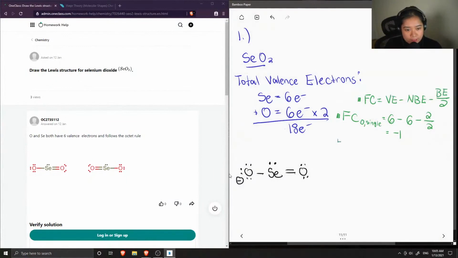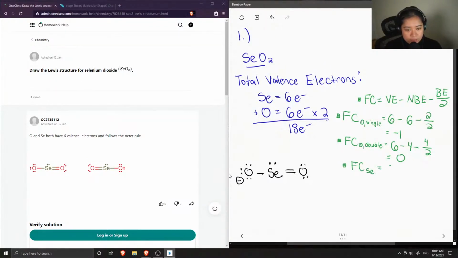And in the case of our double bonded oxygen, it also has 6 valence electrons. Now it has 4 non-bonding electrons. And there's a double bond, so we have 4 bonding electrons in total, divided by 2. So this oxygen is neutral. And then lastly, let's calculate the formal charge of our selenium.